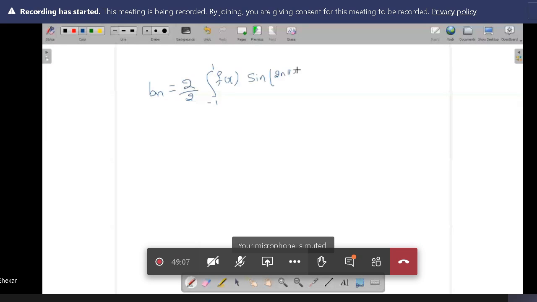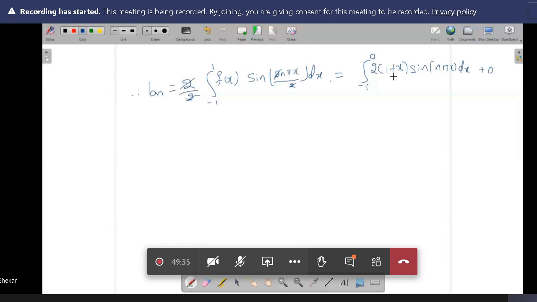So now the 2 cancels, and the function is piecewise, so this can be written as integration from minus 1 to 0 of f(x), which is 2 times (1 plus x) into sine(n pi x) dx, plus 0, because the next term is 0.